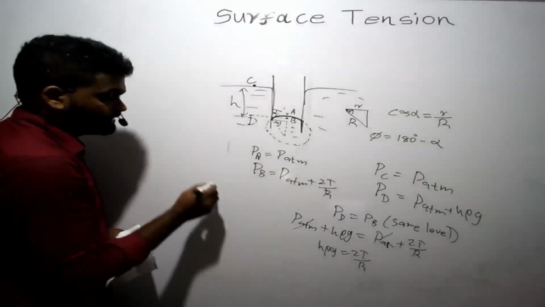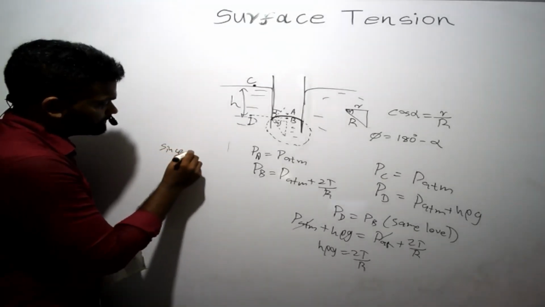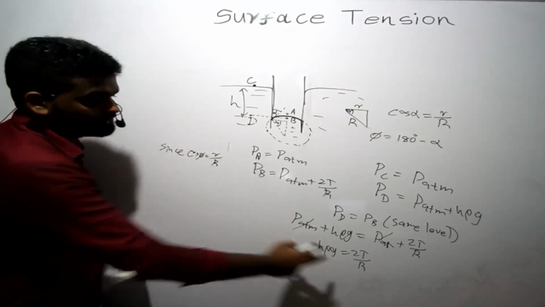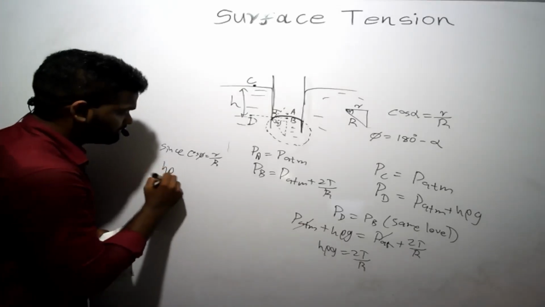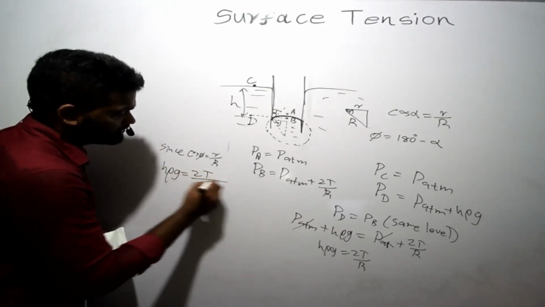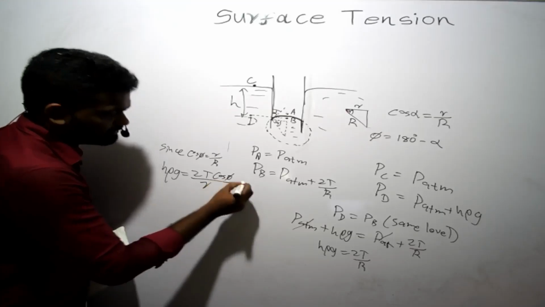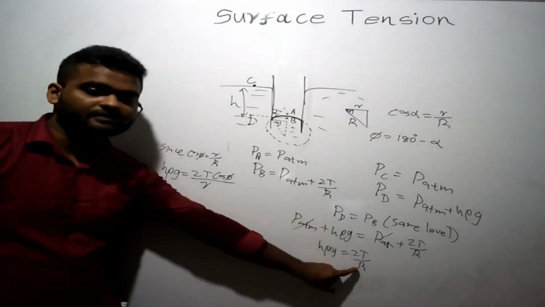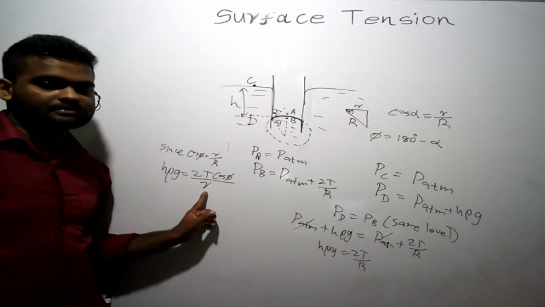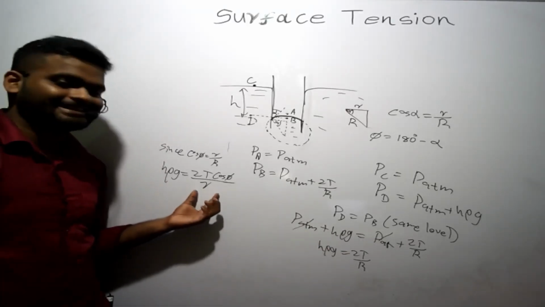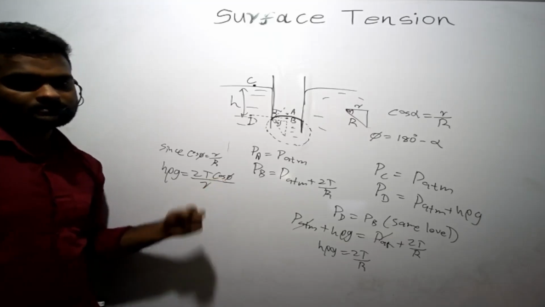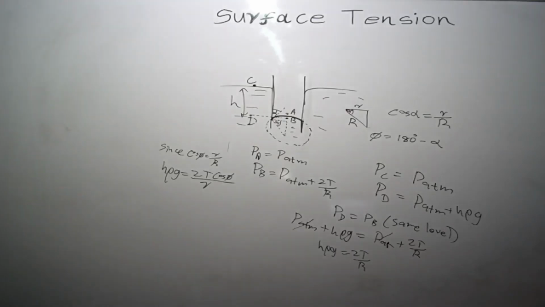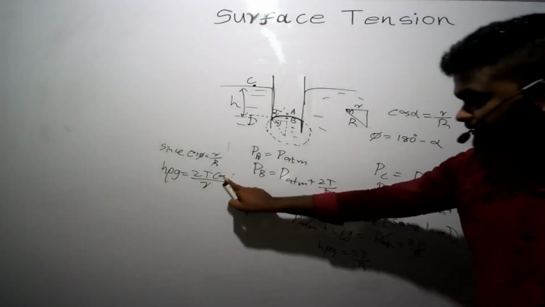Then you can write another equation. Since cos phi equals simple r divided by capital R, you can substitute it here. Then what happens? h rho g equals 2T divided by simple r, times cos phi. This is internal radius, and capital R is the radius of the meniscus. If you need to write the equation in internal radius, you need to have cos phi here. Sorry, cos alpha, right?